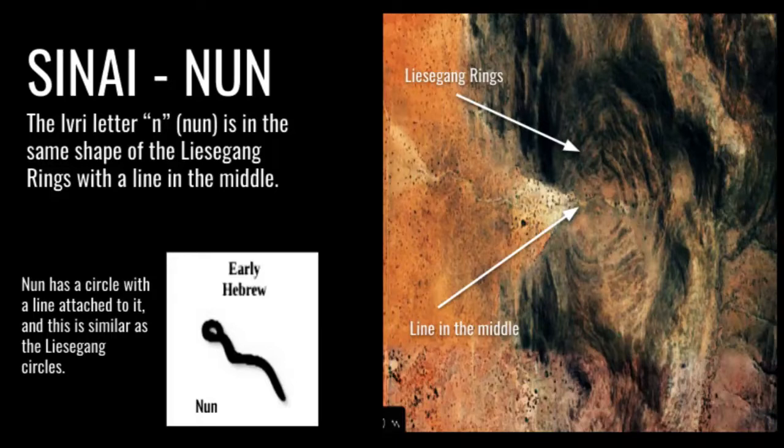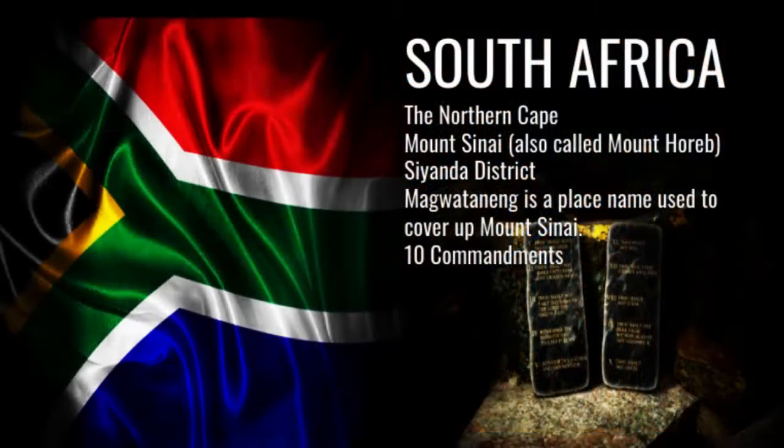The first way is using the Ivri language with the Ivri letters in reference to a person. And the second way is using the Ivri language with the Ivri letters in reference to the earth or something in the earth. And in this case, it is Mount Sinai that is in the earth.